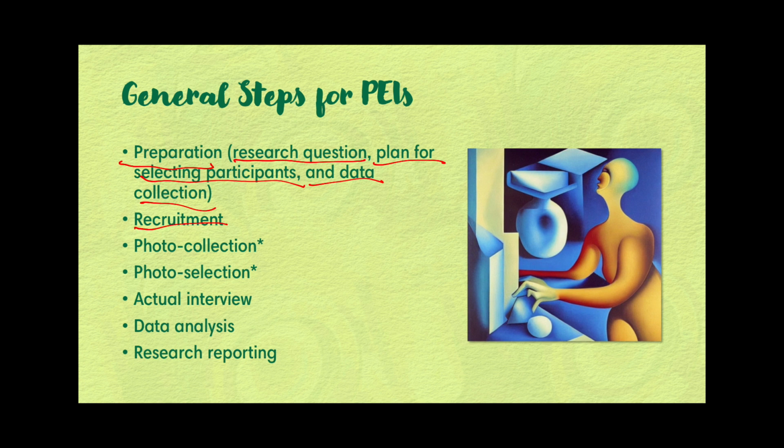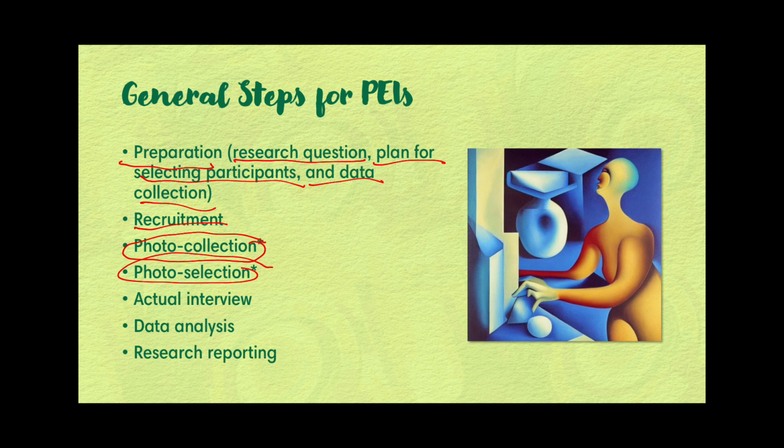If you're doing a researcher-driven photo elicitation, the photo collection and the photo selection usually happen prior to recruitment, right? So you collect available photos that you think would be candidates for your interview, and then you, with your research team and an expert panel, choose the pictures that you would show to your participants.